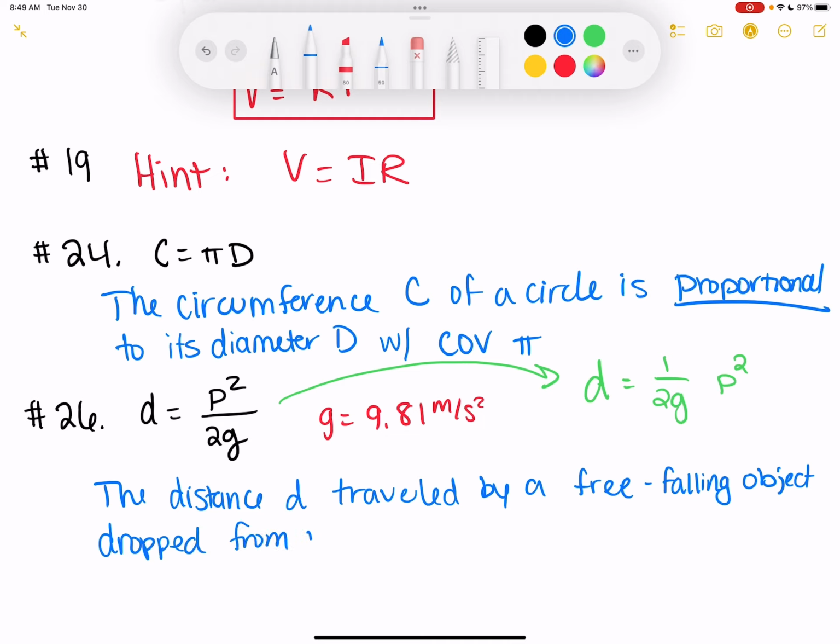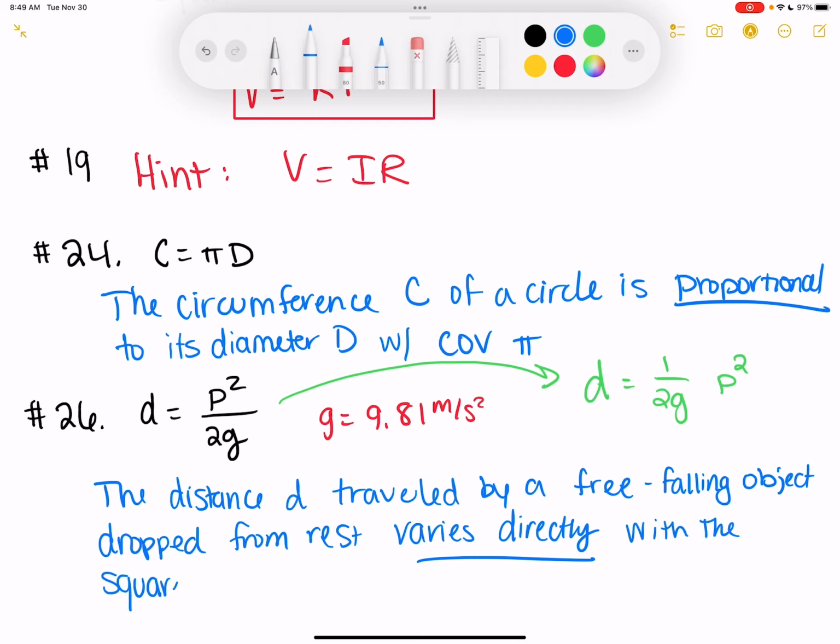Varies directly. Wait, do you have an anatomy quiz today or is that tomorrow? With the square of its speed P with the constant of variation 1 over 2G.